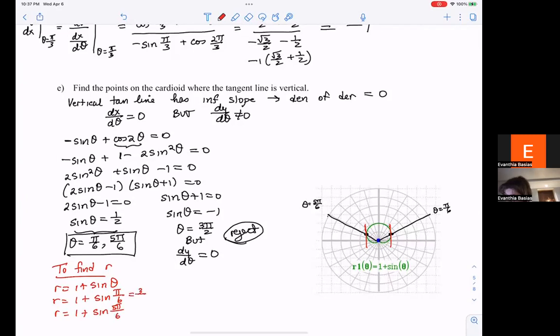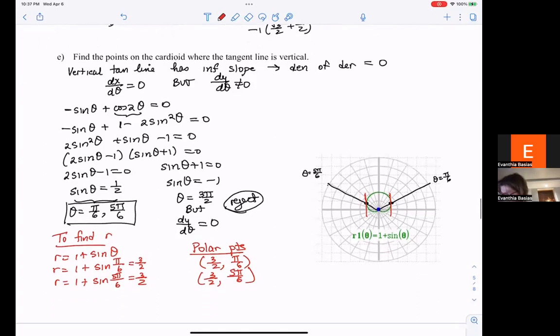So we have a value of 3/2. So the points at which we have a vertical tangent are the polar points 3/2, pi over 6 and 3/2, 5 pi over 6. And that is the idea. So it's a little bit more involved.